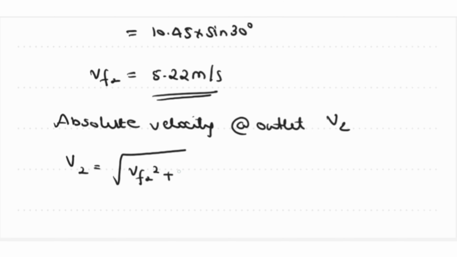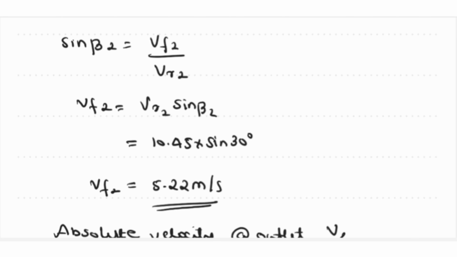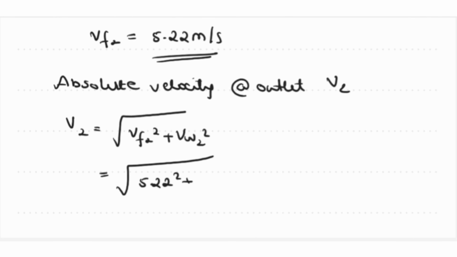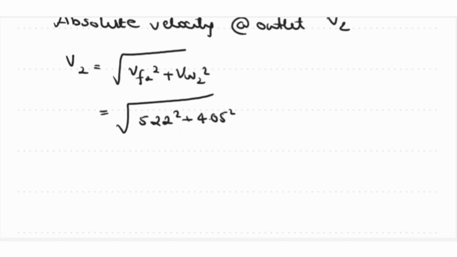Vf2 is 5.22 and Vw2 we got as 4.05. So to solve it, you get V2 is equal to 6.606 meter per second.